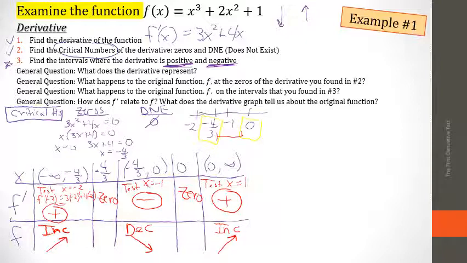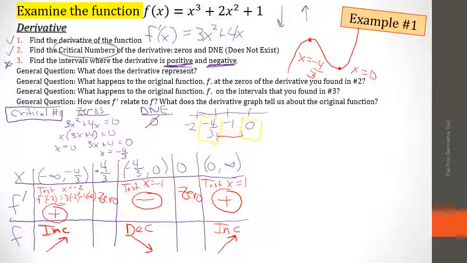Okay, now let's look at what happened. We have this kind of situation. Our graph basically looks like going up, going down, going up, right? And where does it change from up to down? Right here at x equals -4/3. And when does it change from going down to going up? At x equals 0.